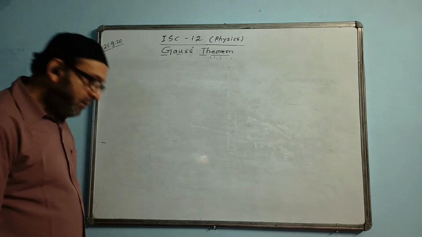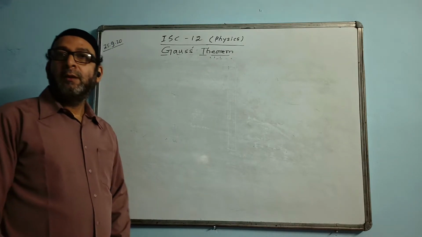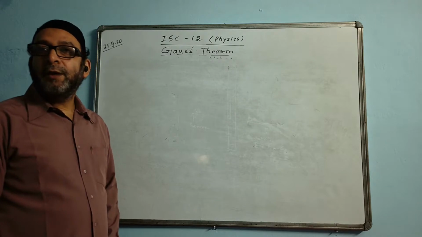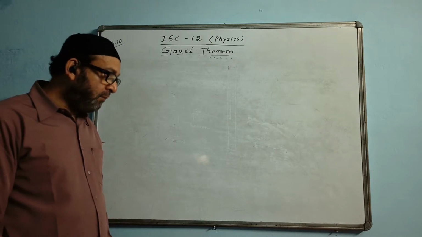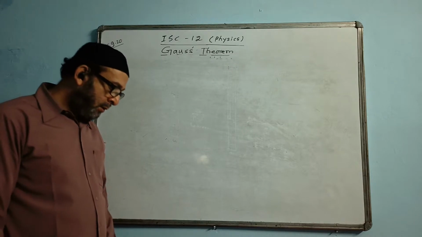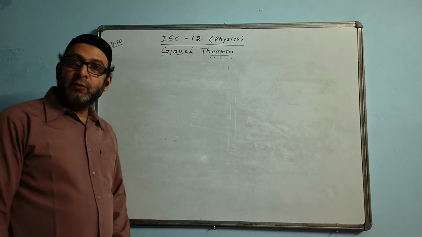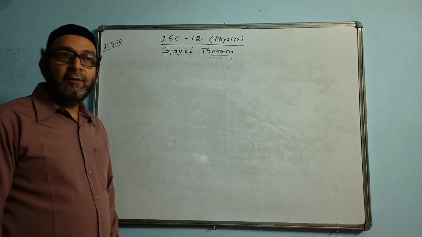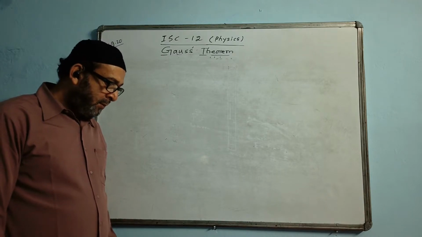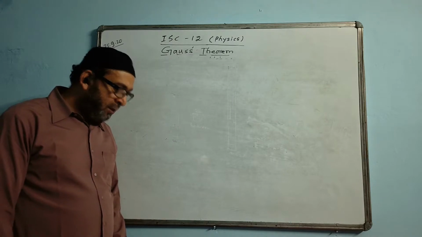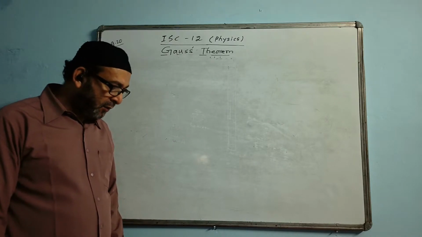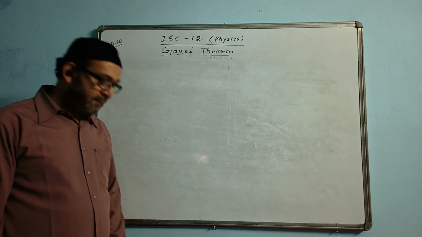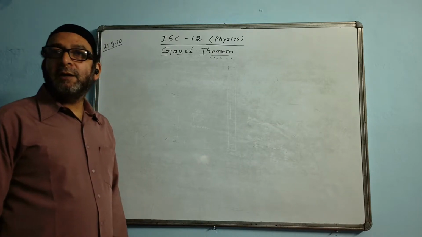The question says, you can write it down: a point charge of 2.0 microcoulomb is at the center of a cubic Gaussian surface, 9 centimeter on edge.